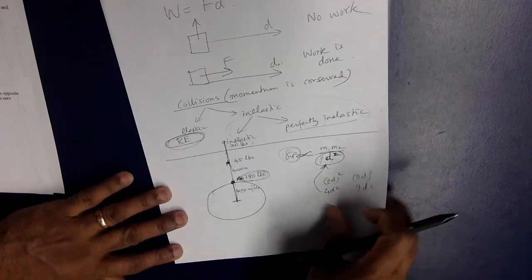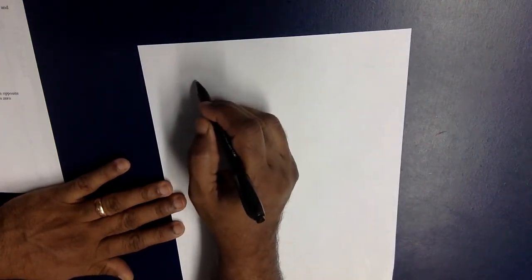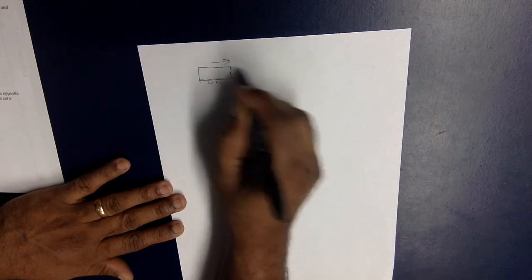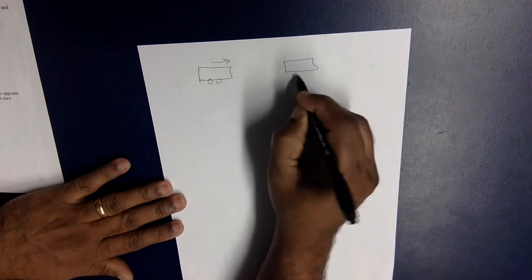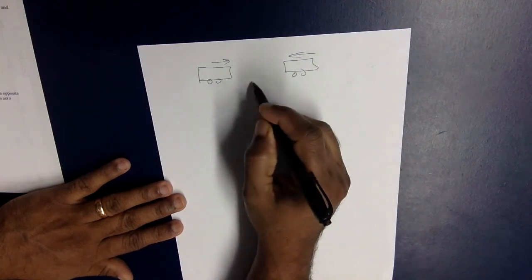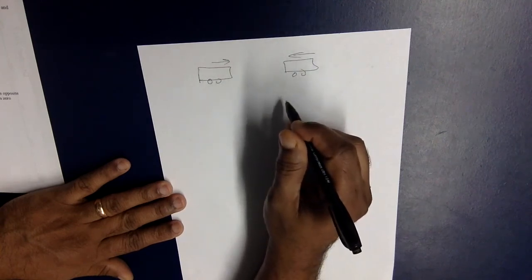And then I gave you some problems of collisions, the car coming in this direction and that car coming in that direction, and they collide. I have worked out those questions in class, and you should be able to work them out exactly similarly.